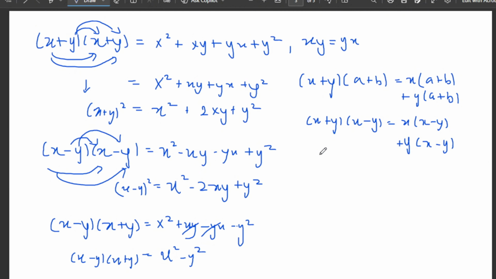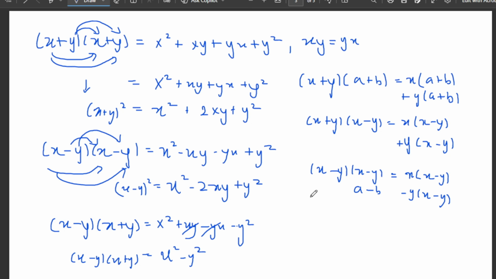What if it's a negative? So x minus y times x minus y. Again, it's x times x minus y. Since y is now negative, negative y times x minus y. Remember, if this was a minus b, right?